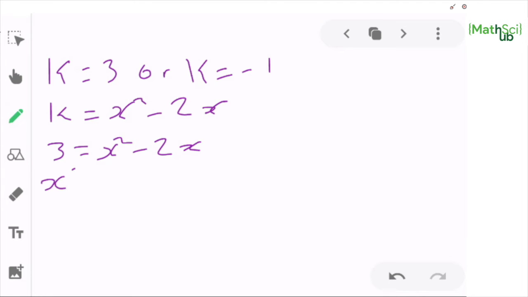We're going to have x squared minus 2x minus 3 equals 0, and then as we normally do, we get the factors of x.